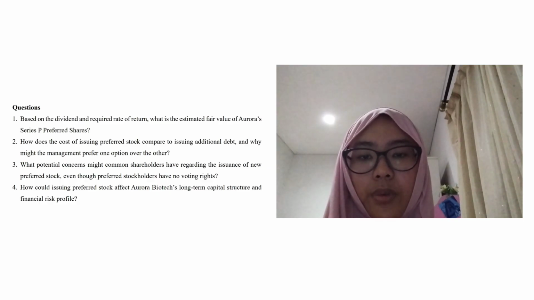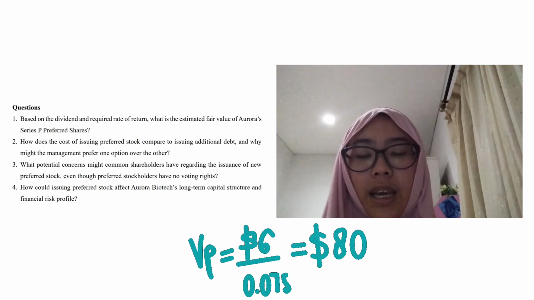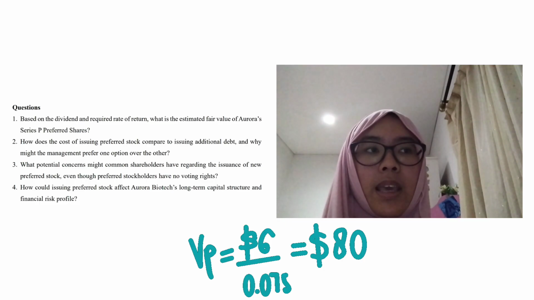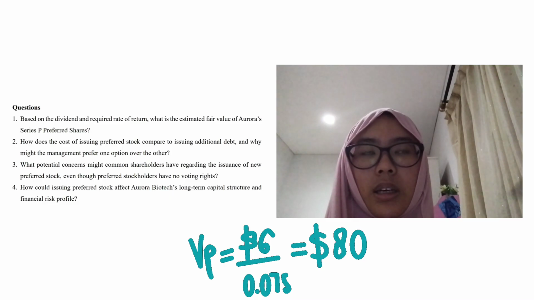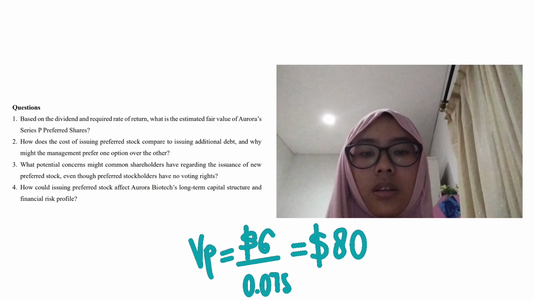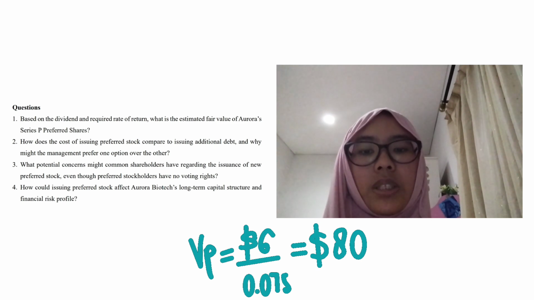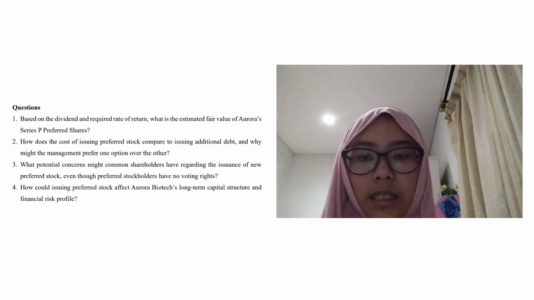The formula is to divide the annual dividend, $6, by the required rate of return, 7.5%. If you calculate that, the estimated fair value is $80 per share. And that is number one.